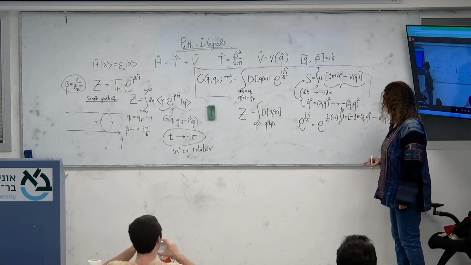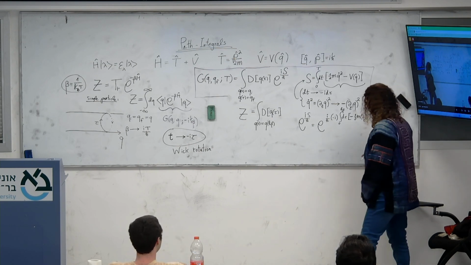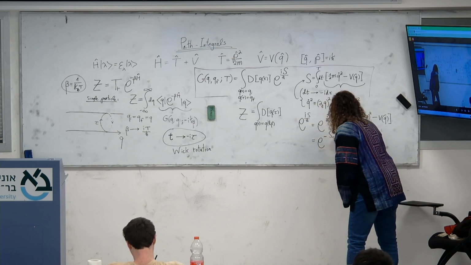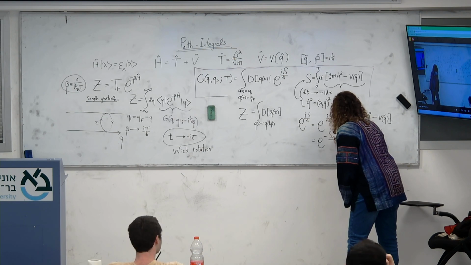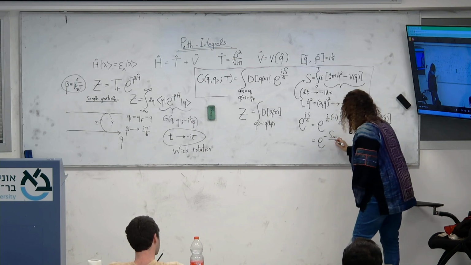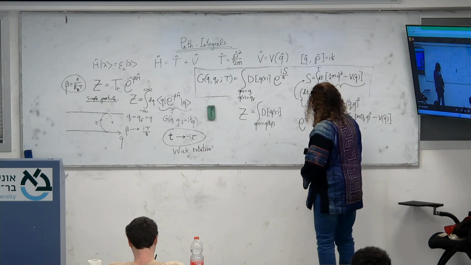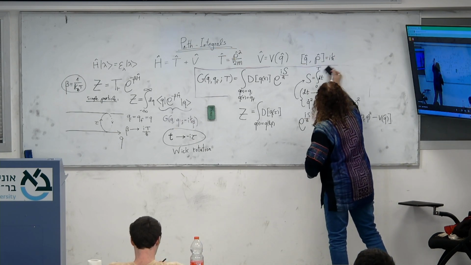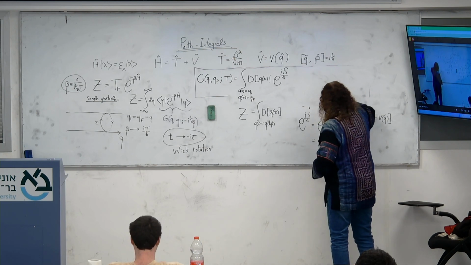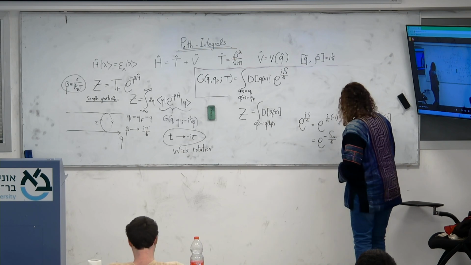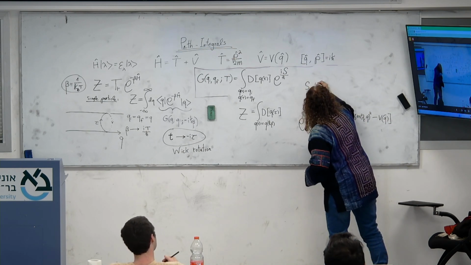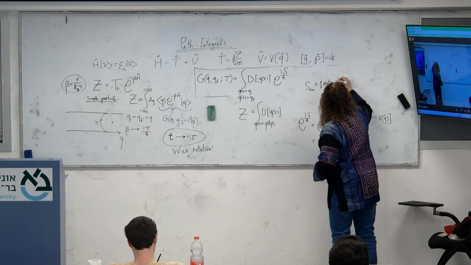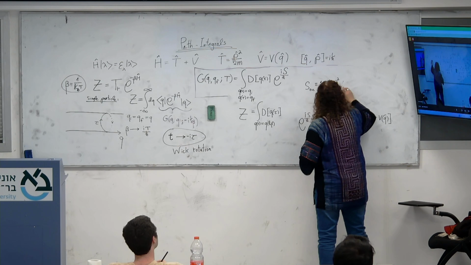I can take this minus sign outside of the integral, and then I get something that I can write as e to the minus S Euclidean, where, let me write it here, what is S Euclidean?